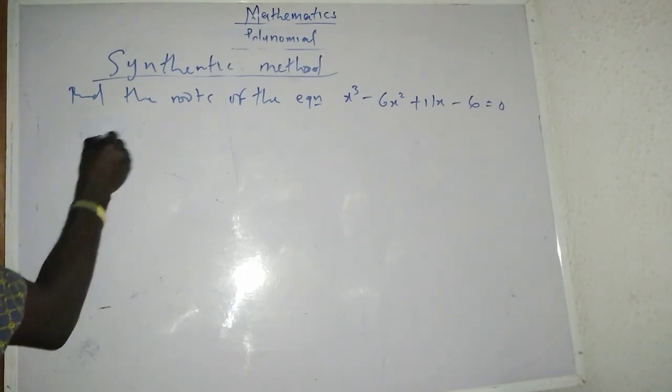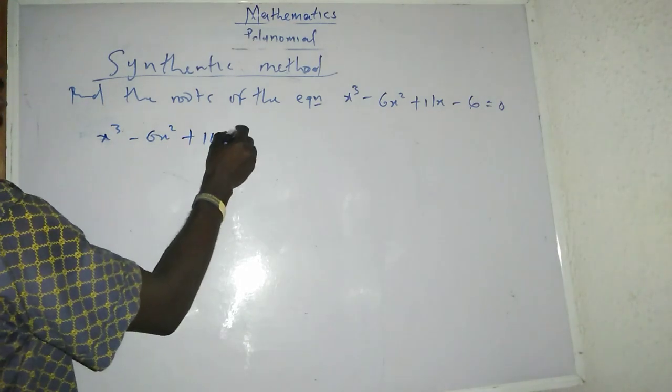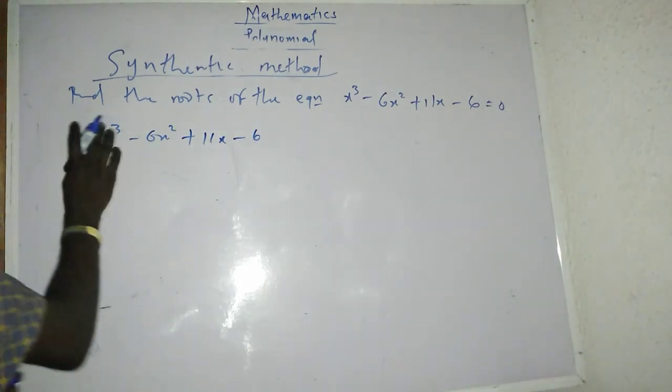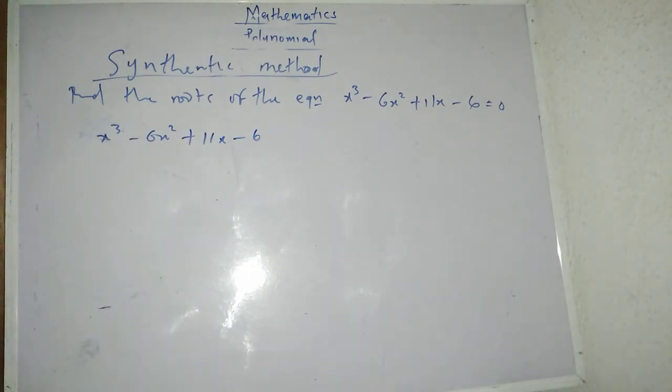For this question, x cubed minus 6x squared plus 11x minus 6, if I put 1 here, can that be of help? No. If I use minus 1, let's try minus 1.